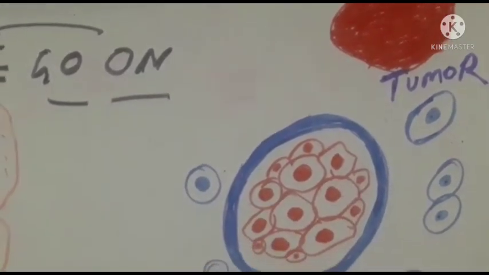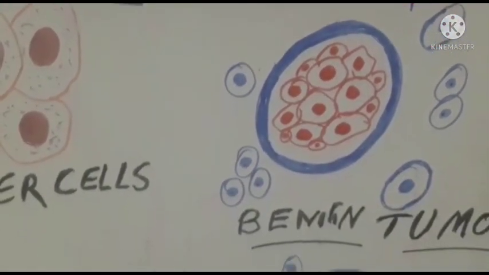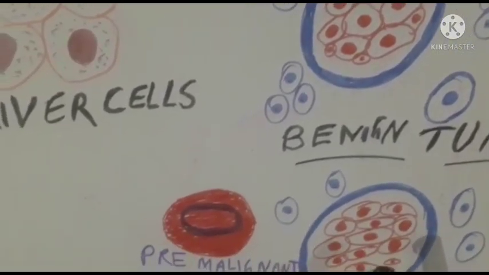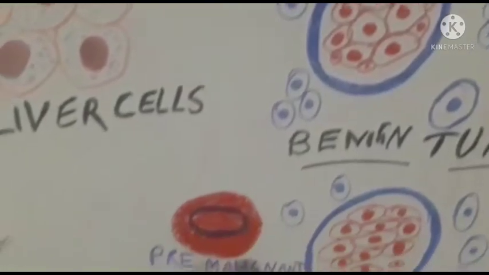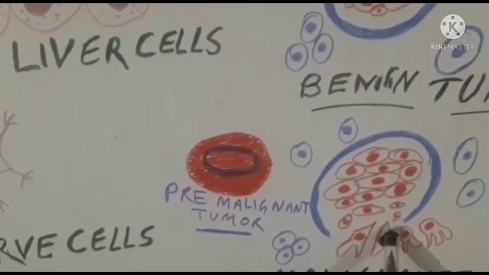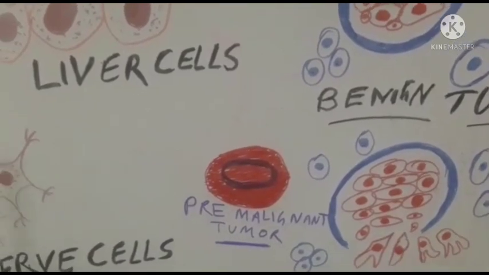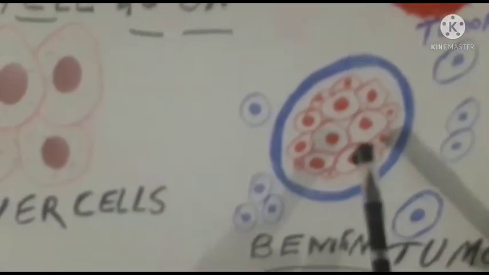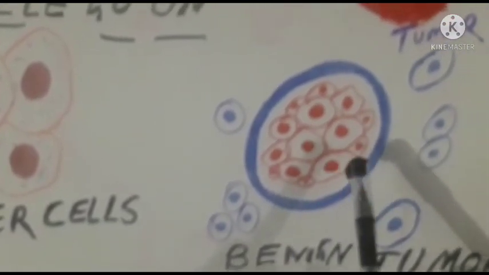There are three main types of tumors: benign, pre-malignant and malignant. Benign tumors are non-cancerous. Here you can see a benign tumor.